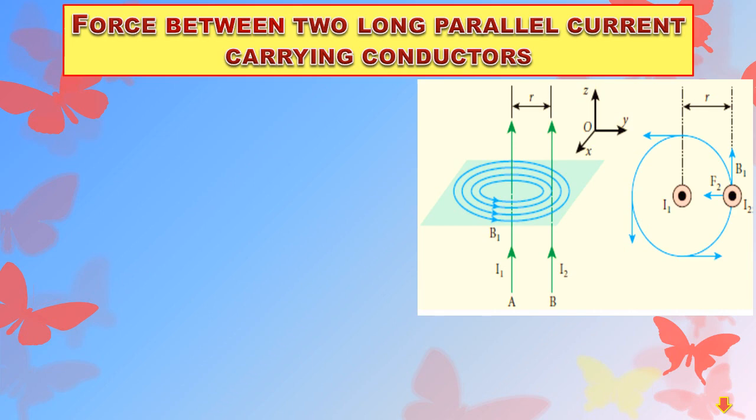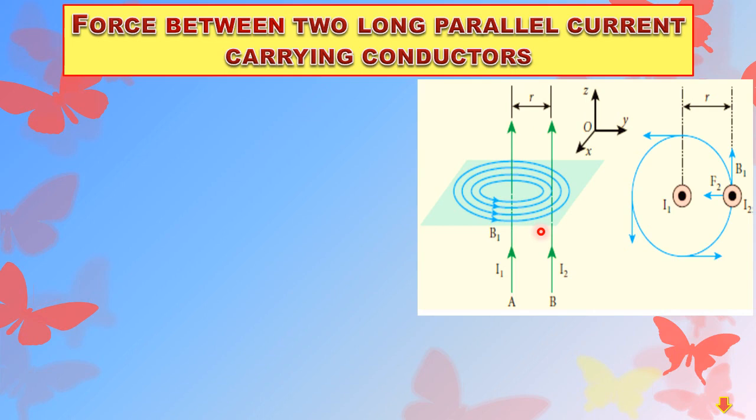You can see these are the two long straight parallel current carrying conductors, separated by a distance of r, and these conductors are kept in air medium as you see in this figure.